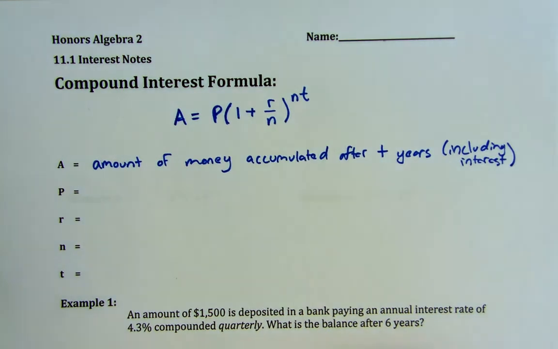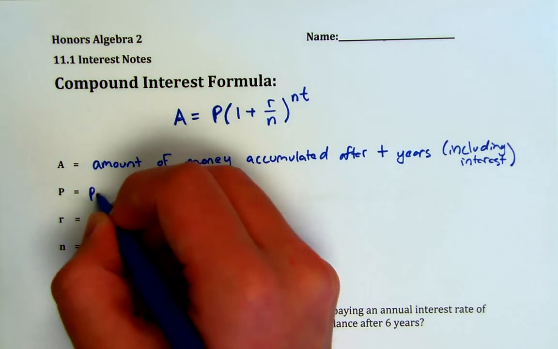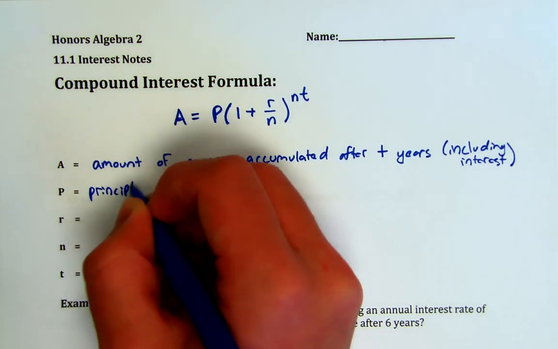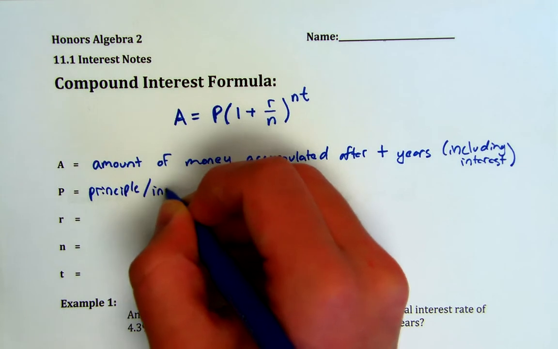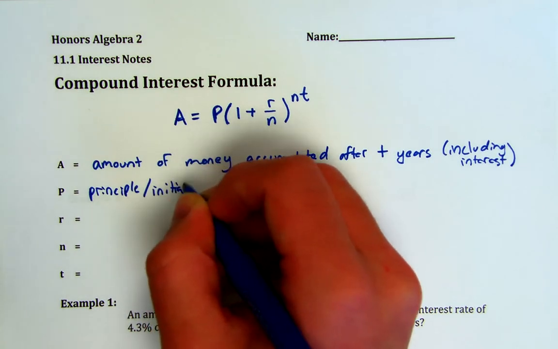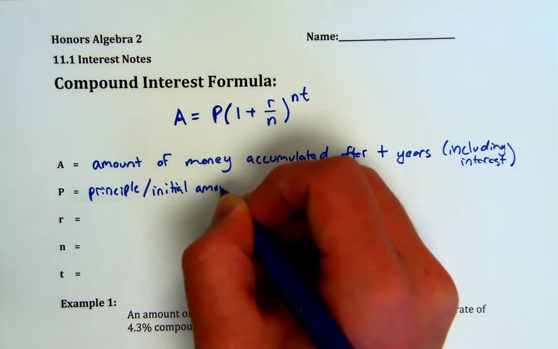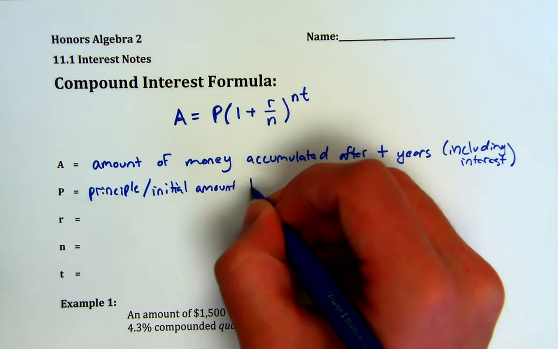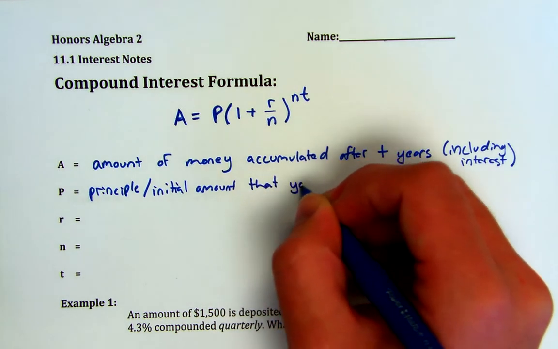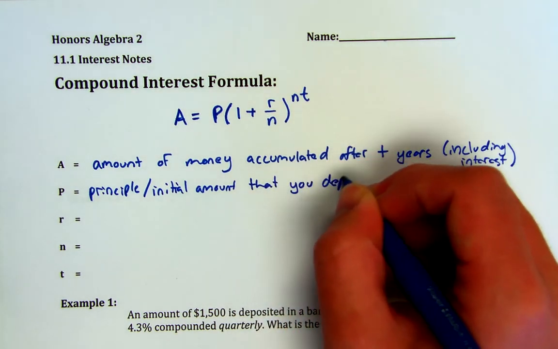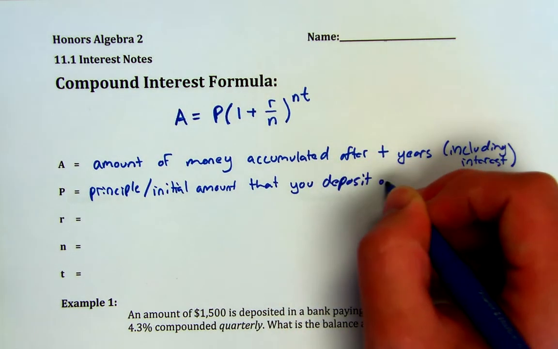P is the principal or initial amount that you deposit or borrow.